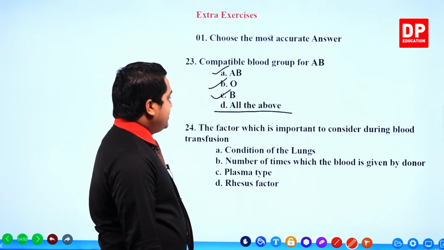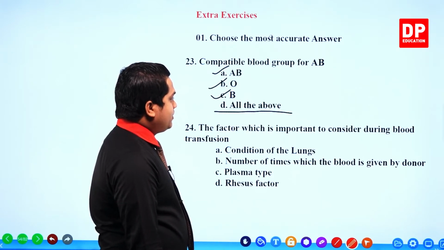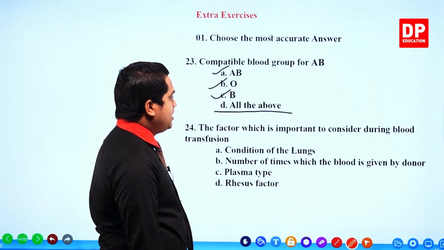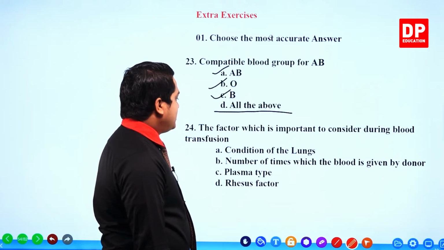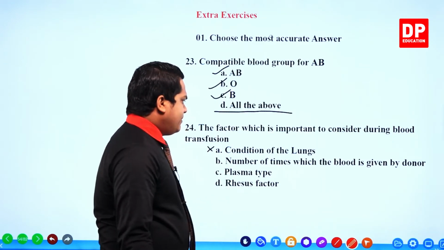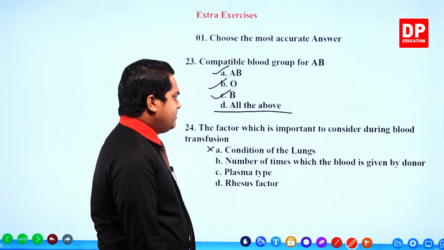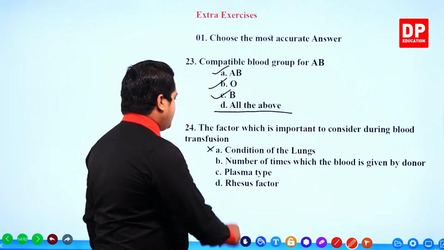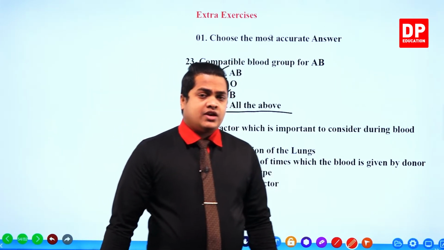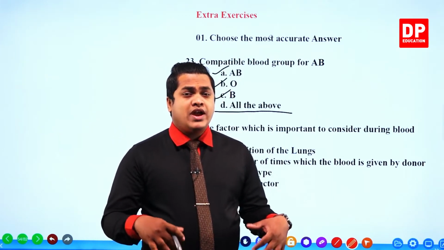Then the next one, a factor which is important to consider during blood transfusion. Condition of the lungs, not needed. Number of times the blood is given by the donor, that is also not needed. There are donors in the world who have donated blood more than 100 times.